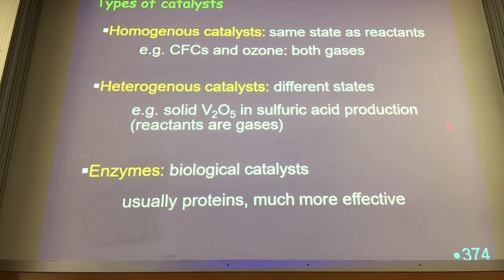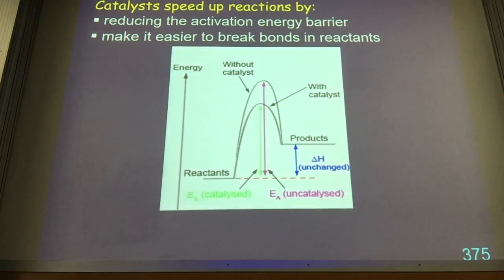And most of the industrial reactions we look at have heterogeneous catalysts. So sulfuric acid production, it's vanadium pentoxide, which is a solid. Production of ammonia, it's iron, which is a solid. They're the ones that we deal with. Nowhere near as good as biological catalysts, of course.